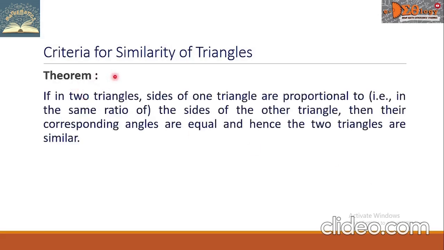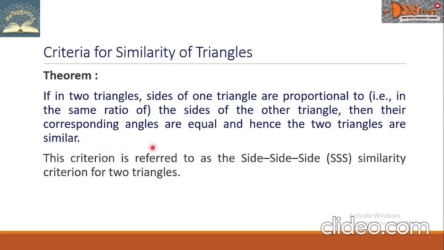Here's another theorem. If in two triangles, sides of one triangle are proportional to, that is, in the same ratio of, the sides of the other triangle, then their corresponding angles are equal, and hence the two triangles are similar.